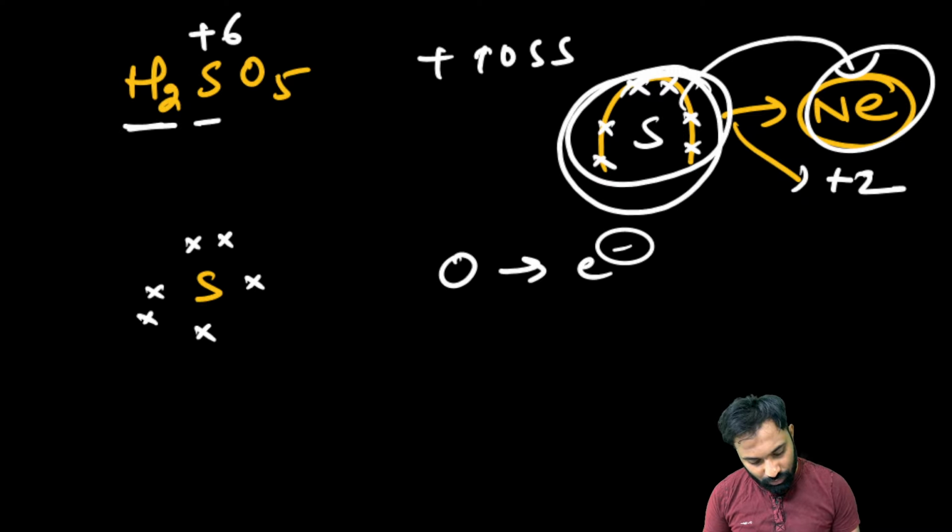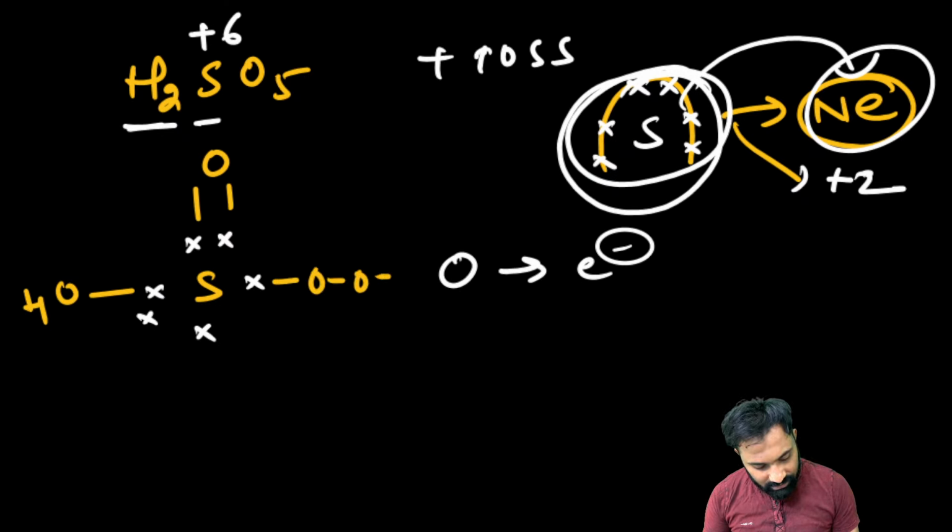So 5 oxygens, 1 double bond O, and here 1 OH. Now here it is an oxy acid with a peroxy structure. H2SO5: 1 oxygen, 2 oxygen, 3 oxygen, 4 oxygen, and the leftover 2 electrons will form the double bond here.